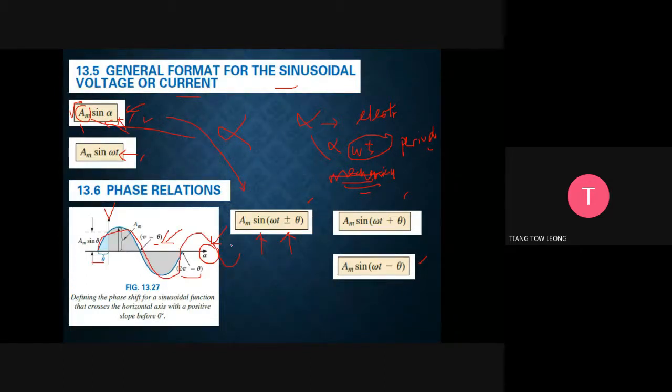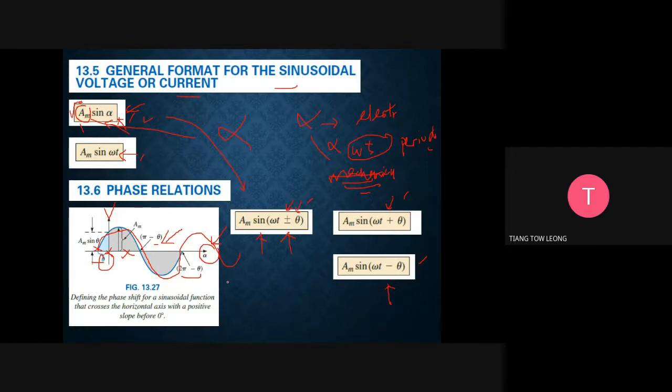Sometimes it will not start from here, it will start from this side. So what you need to do is plus or minus theta. Which means when it starts from here it might be plus, when it starts from here it might be negative. It depends on what type of circuit, what type of signal.